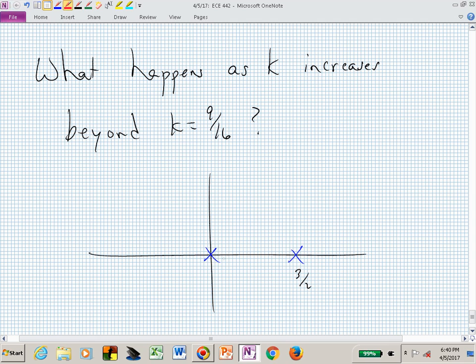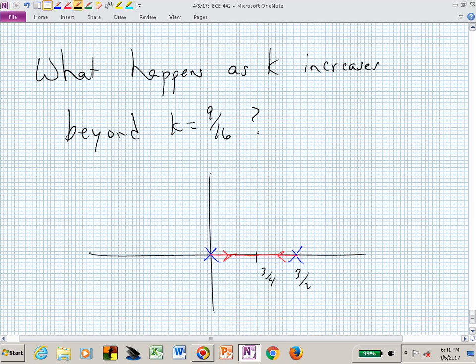We've now determined that this guy goes to the right, this guy goes to the left from the phase angle condition. We've learned that they get exactly between each other at 3/4, and maybe now we don't know what happens. But we know if we continue to adjust or increase the K, that they can't stay on the real line.